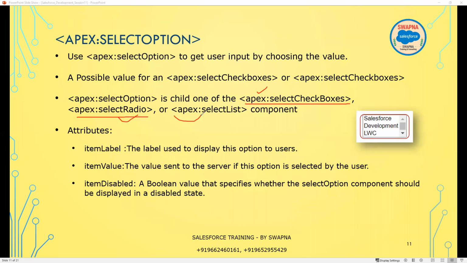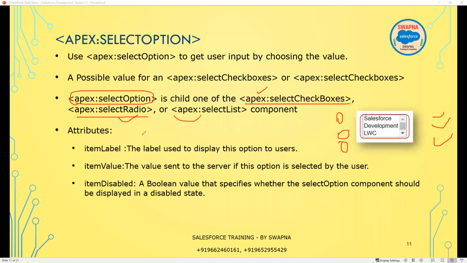Select option can be used within the parent select list, or apex colon select checkbox, or apex colon select radio. One is a list, another is checkboxes, another is a radio button. With any of these, we can have a child component, apex colon select option.